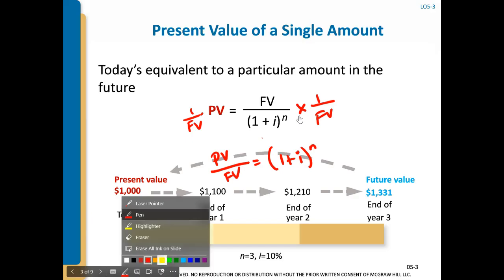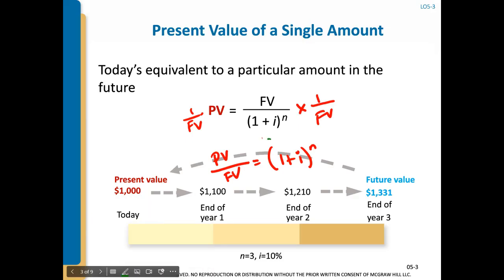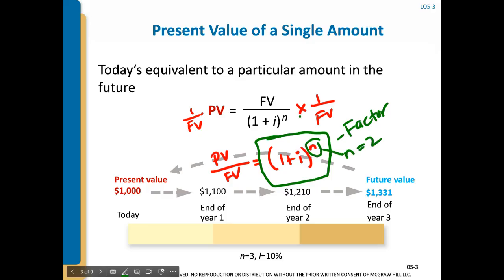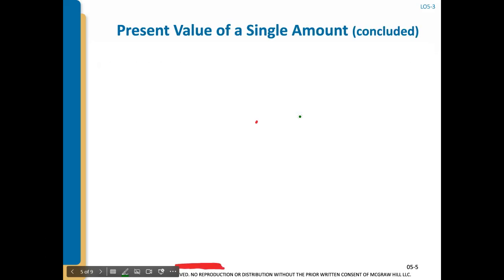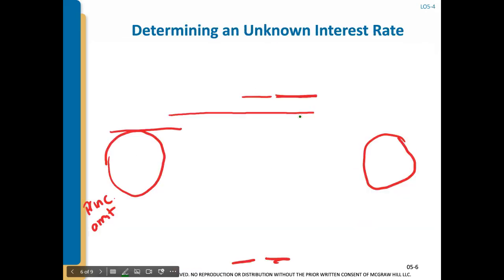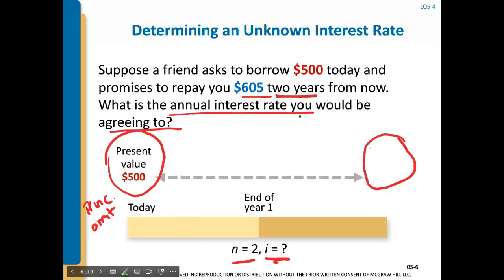This portion, this 1 plus I to the nth, this amount, represents the factor from the factor tables. That's the entire factor. We know N because we know N equals 2, and we're trying to figure out I. So let's go back to our example, where we know the present value, the future value, and the number of periods.